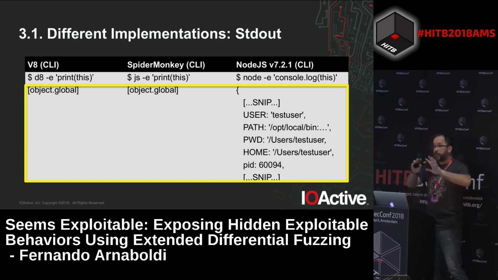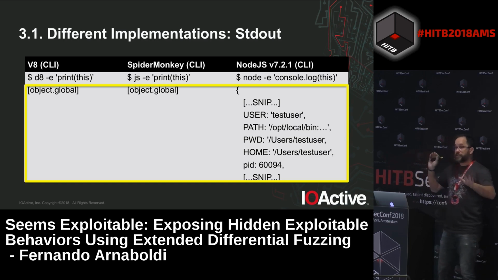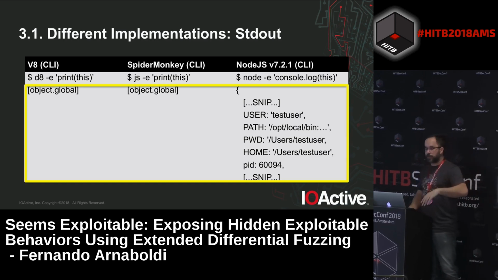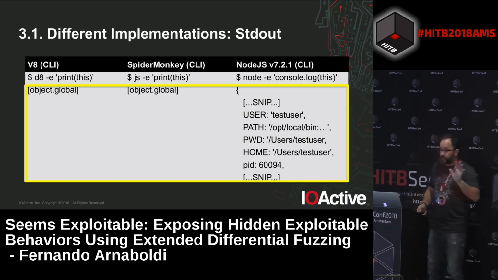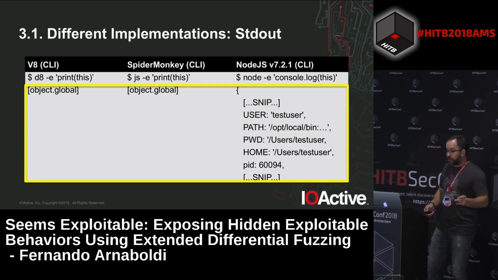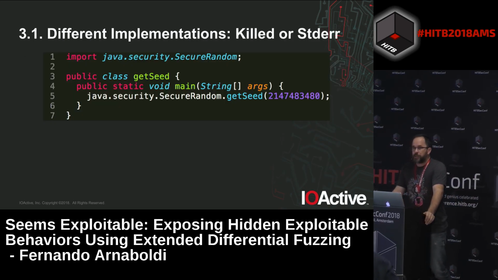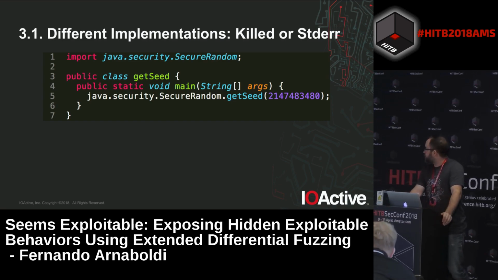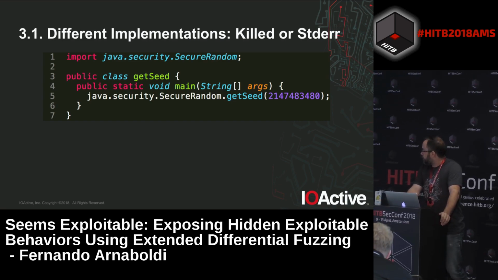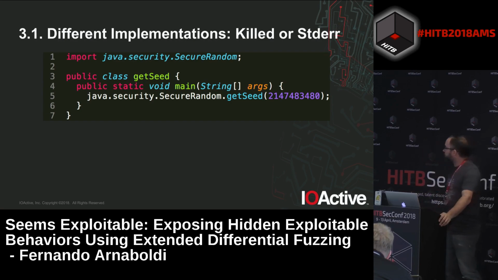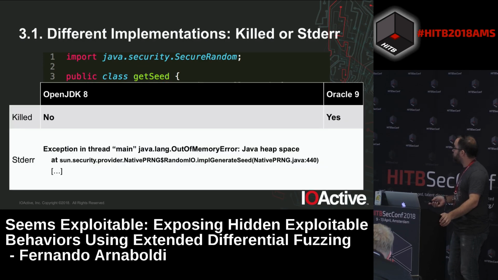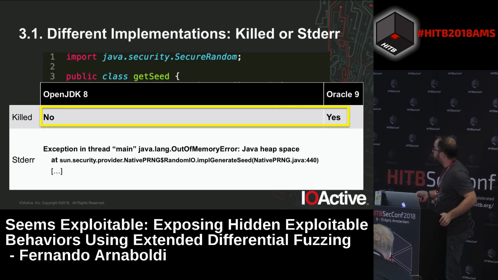So in here we have different implementations, and we know there is something weird going on because the standard output is changing. This is not the only way to detect in different implementations that something went different. For this talk, I was trying to analyze what happened with certain Java functions. Random numbers are always something interesting, and I was fuzzing this function getSeed in Java parsers. The first column is OpenJDK, the second one is for Oracle.